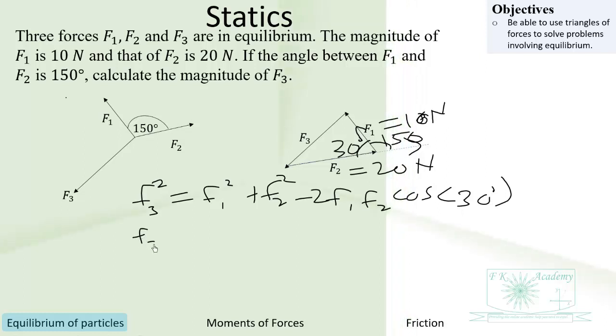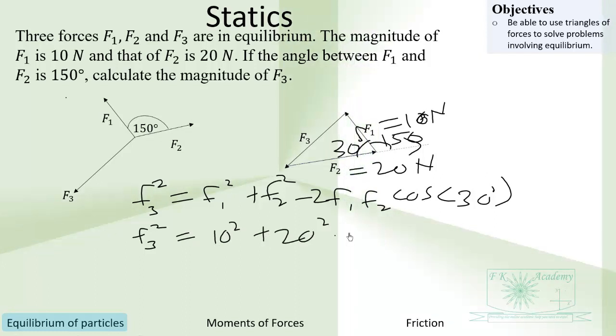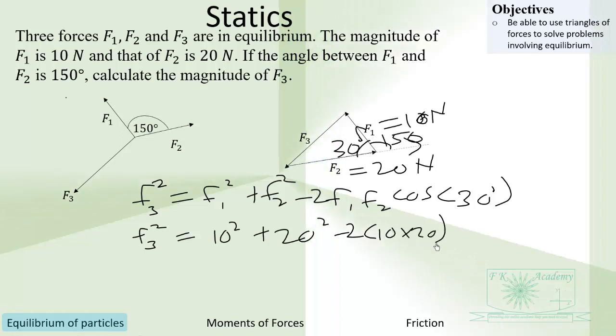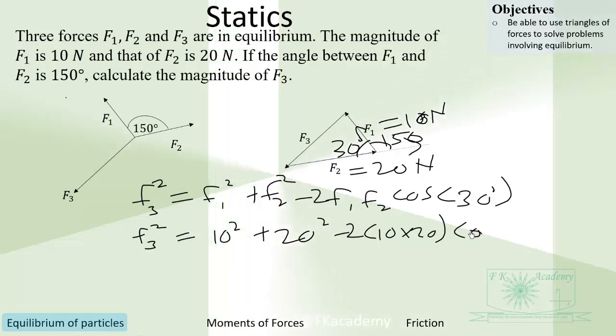So F3 squared will be equal to 10 squared plus 20 squared minus 2 times 10 times 20 cos 30. And cos 30 will be 0.866.